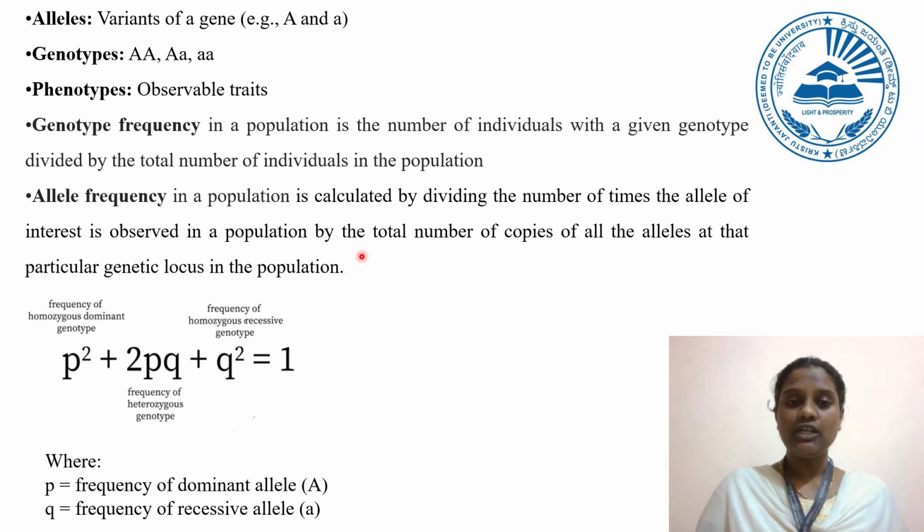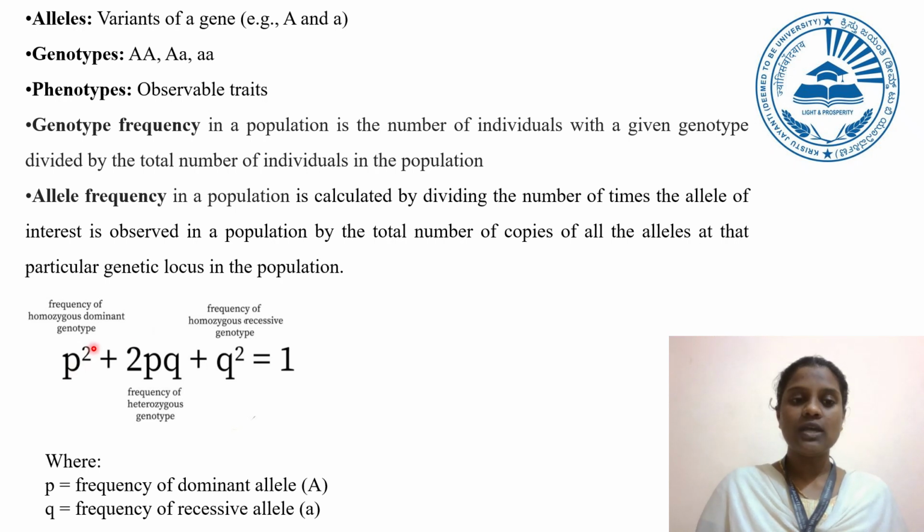The Hardy-Weinberg principle is calculated using this formula: p square plus 2pq plus q square is equal to 1. So what is p? p is the frequency of the dominant allele and q is the frequency of the recessive allele. Now p square is the frequency of the homozygous dominant genotype and q square is the frequency of the homozygous recessive genotype. 2pq is the frequency of the heterozygous genotype.